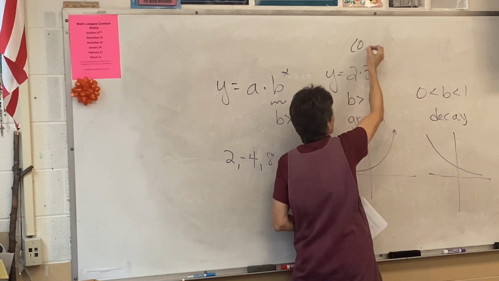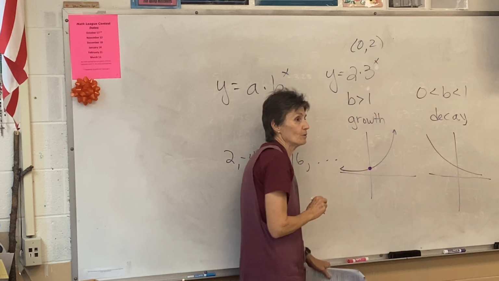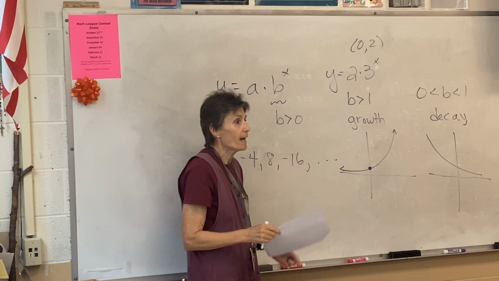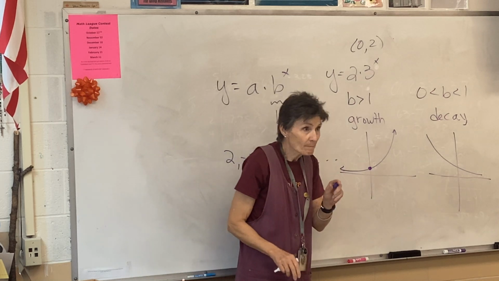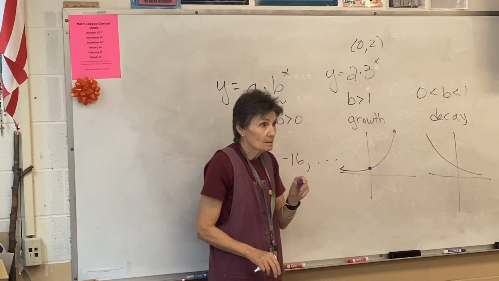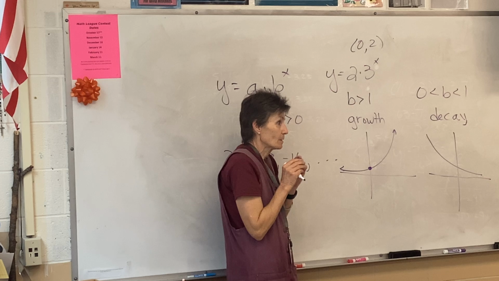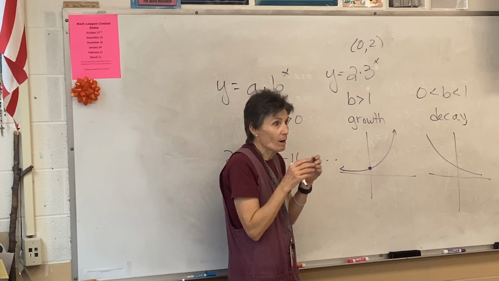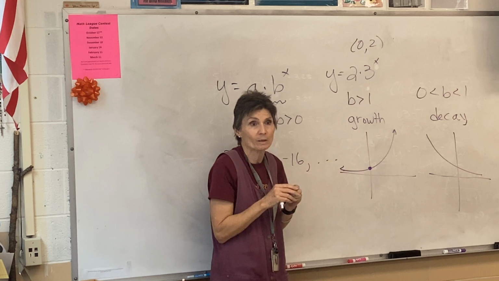So the point would be (0, 2). That is called your initial value. In real life problems, x is something like time. So that would be at the moment you made the deposit, or whatever the problem is. At the beginning of the count of the population, whatever it was.